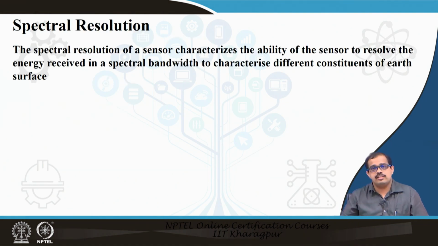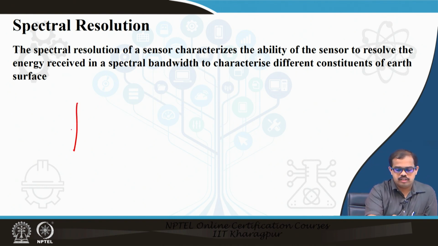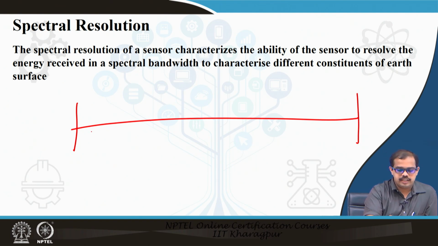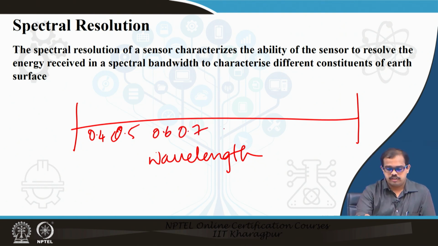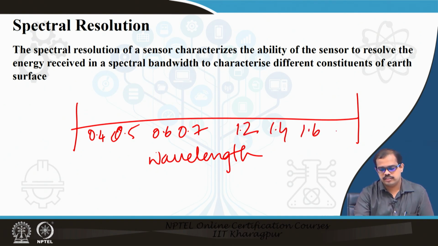The first thing is spectral resolution. When we have looked at the EMR spectrum, okay, if we try to draw this, let us say these are the wavelength points, this is the wavelength: 0.5, 0.6, 0.7, okay, then you have 1.2, 1.4, 1.6, then 1.8 and so on.